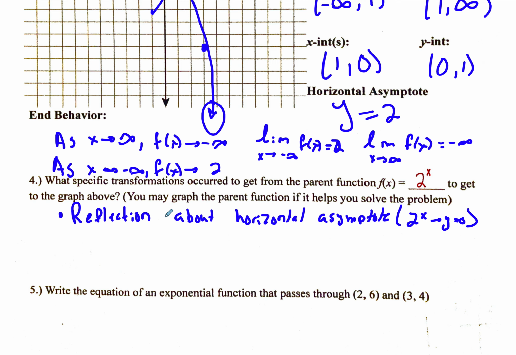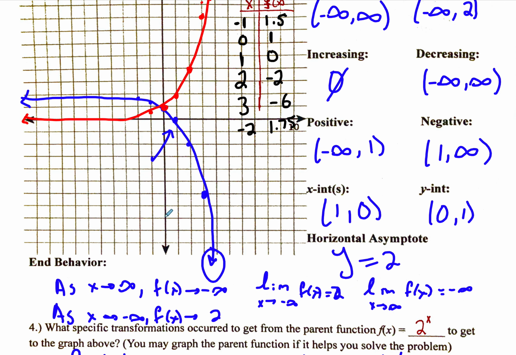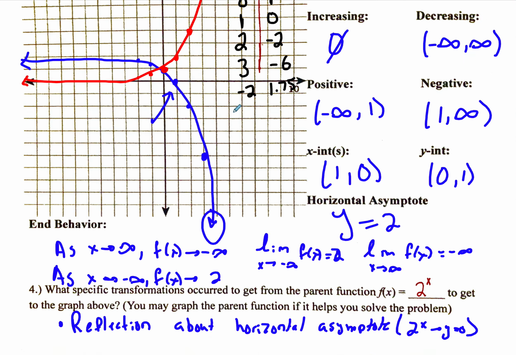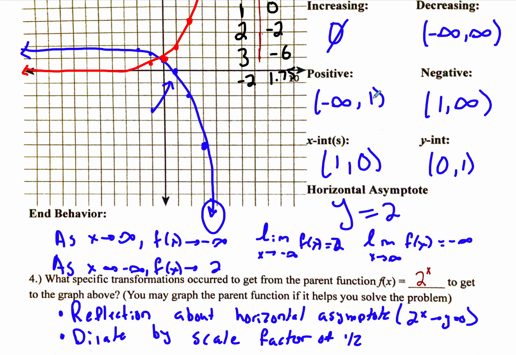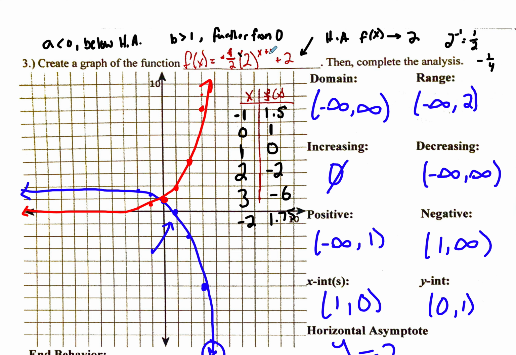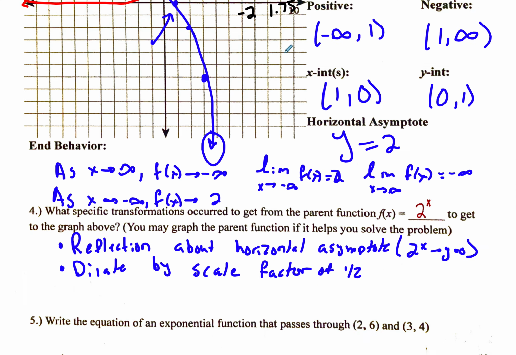So we have to reflect at the horizontal asymptote. We do need to dilate or shrink by a scale factor of 1/2 because of the 1/2 in front. And then I need to move to the left by 1 and up by 2.